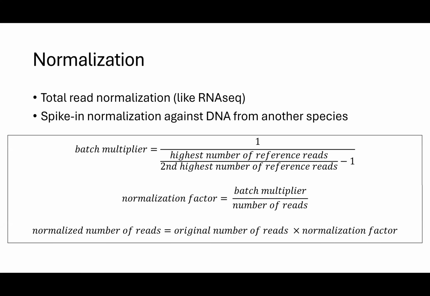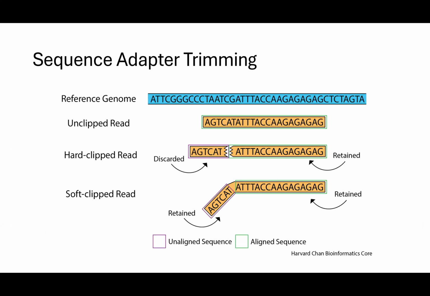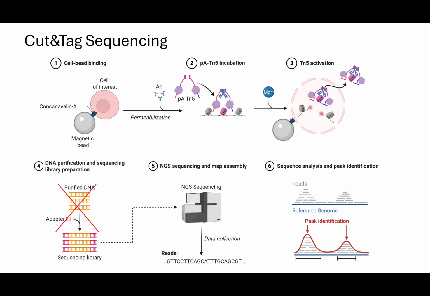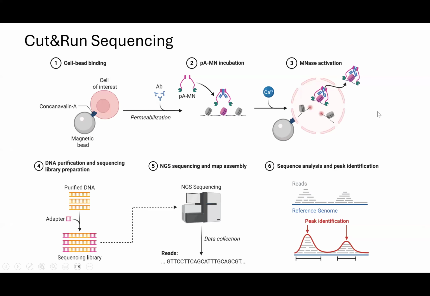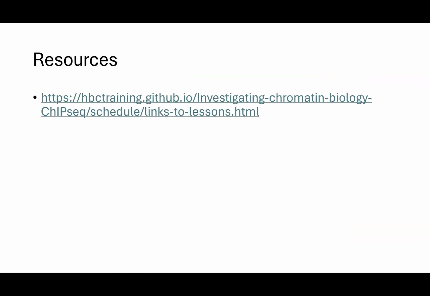You add the E. coli DNA usually during either the MNase activation or the DNA purification, so that you have the same amount added to each sample. When you get sequencing reads, most will be for your species of interest, but a small percentage will be for E. coli.